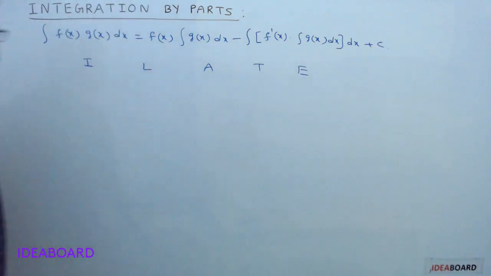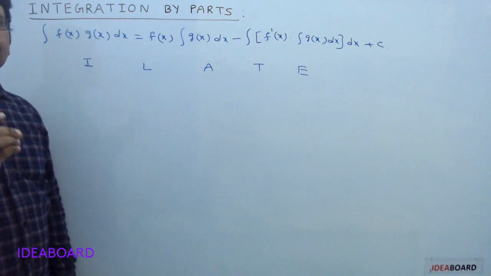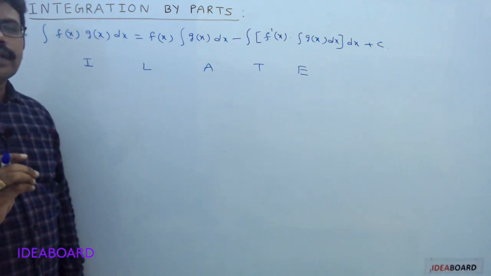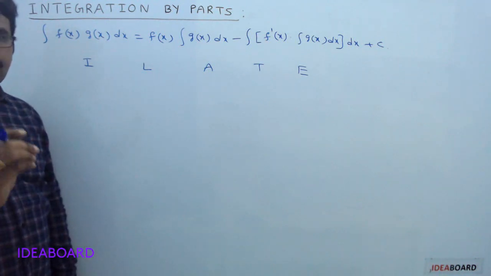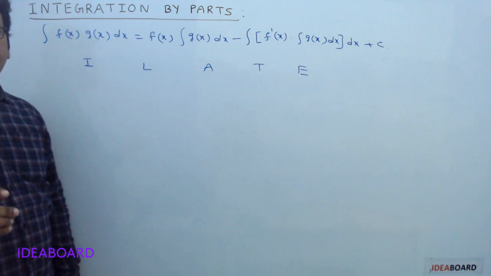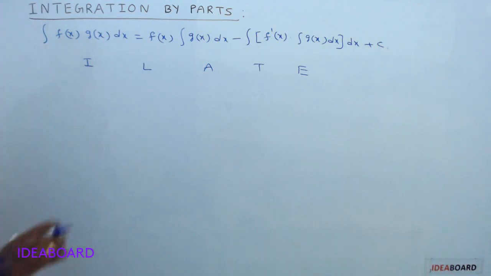So, ILATE. Here the letter I stands for inverse trigonometric functions. What are inverse trigonometric functions? Sin inverse x, cos inverse x, tan inverse x, cot inverse x, secant inverse x, cosecant inverse x. All those are inverse trigonometric functions.